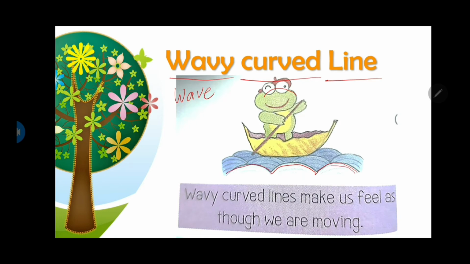So we have curve here, curve here, curve here, then we create waves. So from these words, we say wavy curved line. Imagine the sea if you are going to make this kind of line.